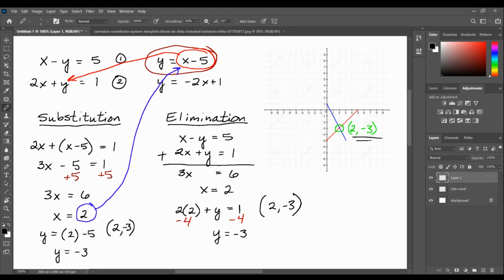And I'll work through several of those now. As a matter of fact, we've got some word problems even that we'll need to look at. And so I'll pull up one of those and we'll practice one of those so that you can see how that works. But those are the two methods, substitution and elimination.